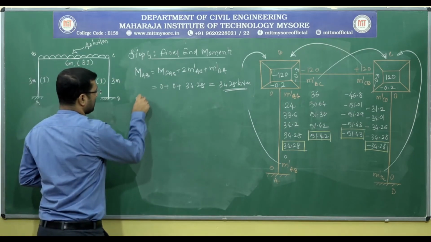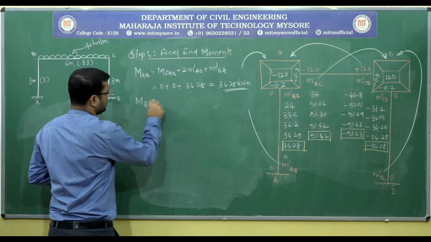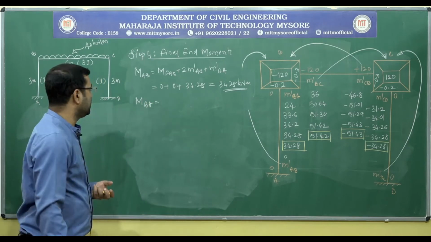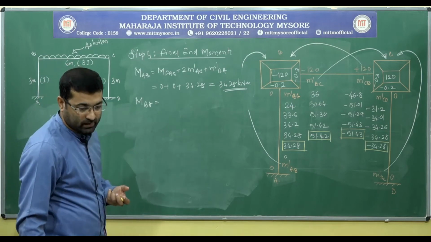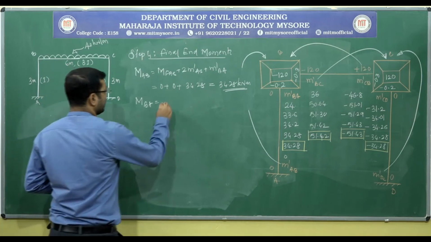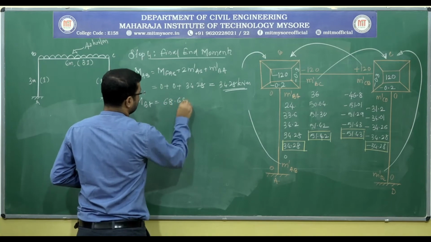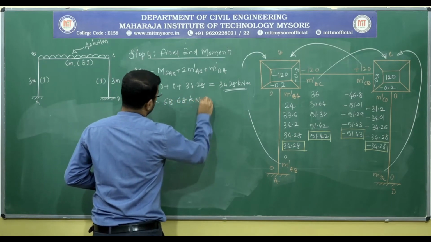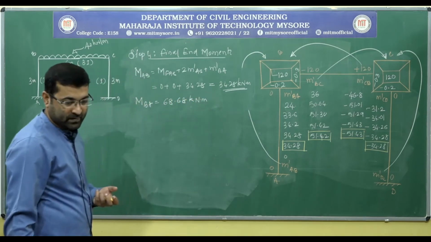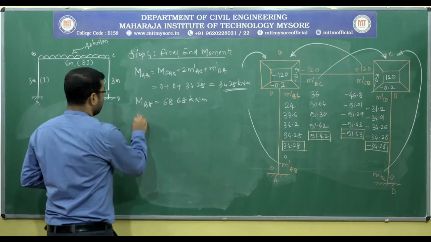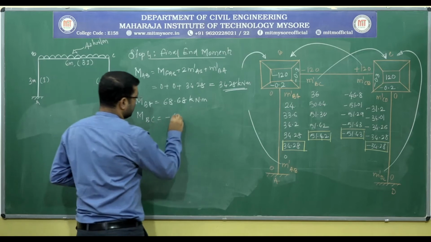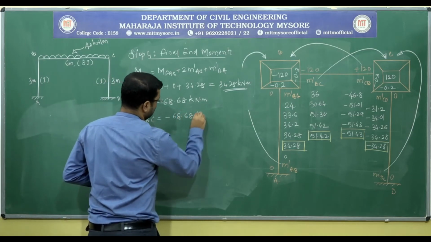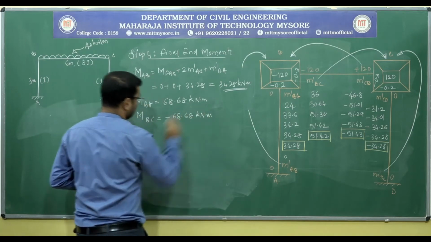Similarly, if we calculate the values of the other end moments, that is MBA, it works out to be 68.68 kilonewton meter, and MBC works to be exactly equal and opposite, that is minus 68.68 kilonewton meter. Please verify.